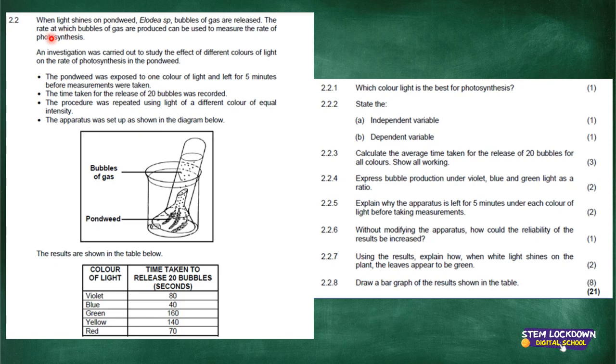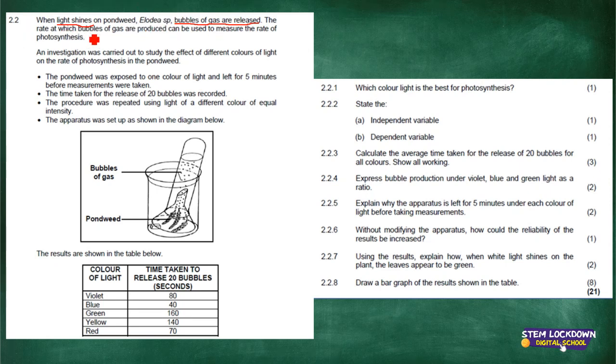It reads, when light shines on pondweed, Elodea sp, bubbles of gas are released. Underline bubbles of gas are released, and understand why: because light shines, bubbles of gas are released.